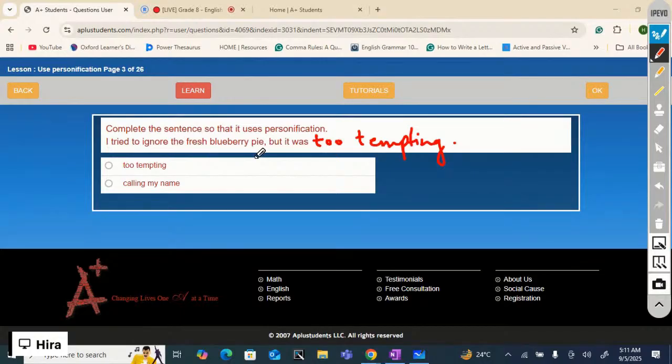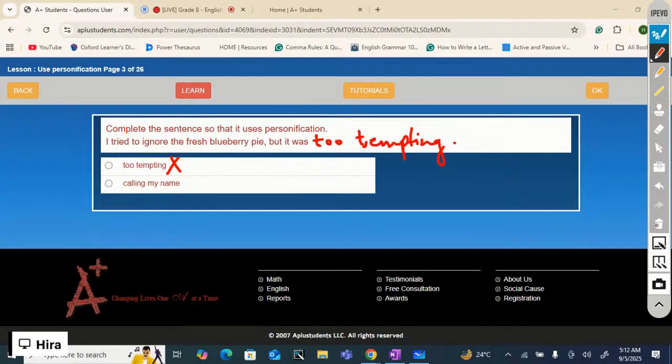I tried to ignore the fresh blueberry pie, but it was too tempting, because I felt the need or temptation to eat it. So it is not personification, but you have to select the words to complete the sentence so that it uses personification. So this one is incorrect.